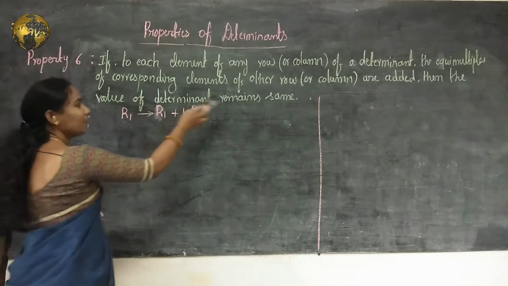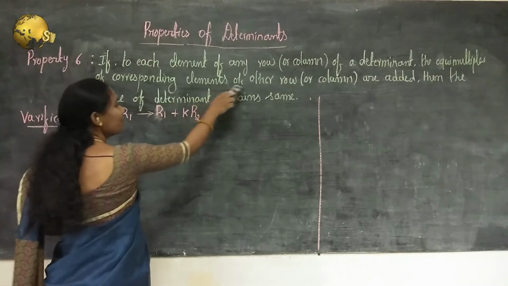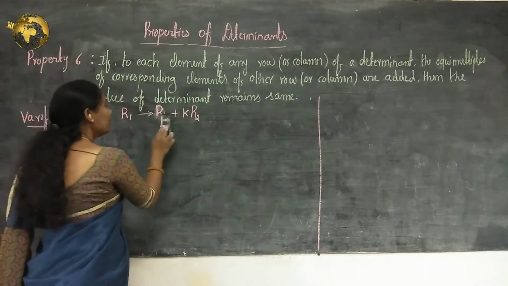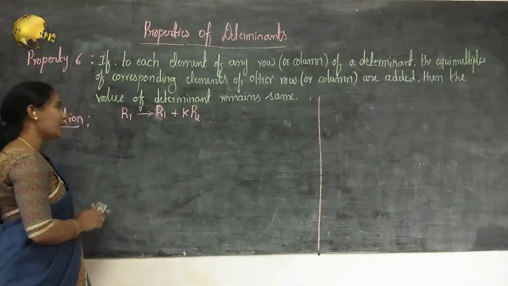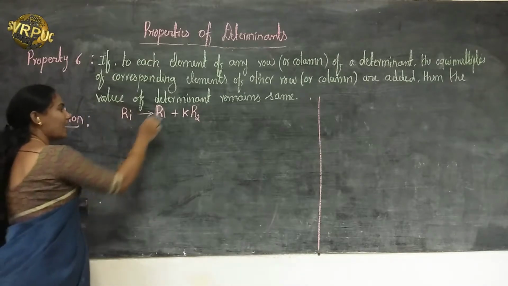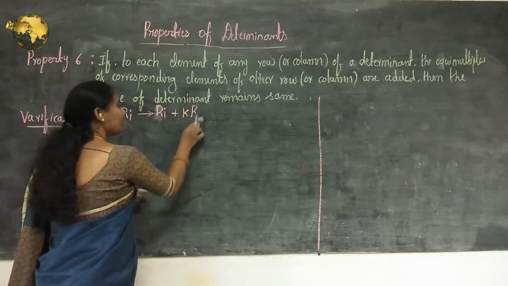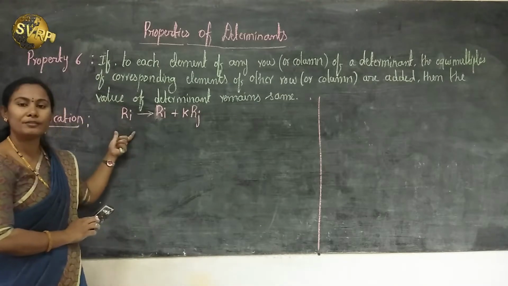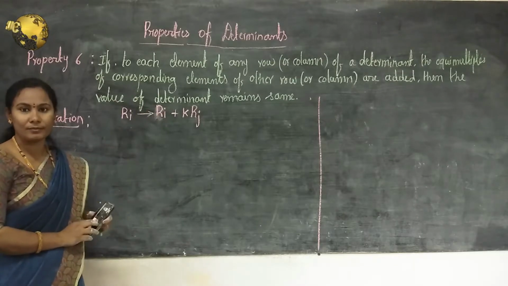That means equi-multiples of corresponding elements of another row. So instead of taking R1, R2, I will write generally Ri and Rj. Then the value of the determinant remains the same.